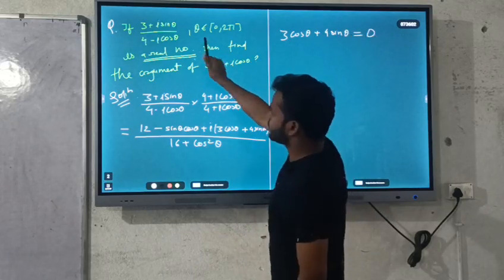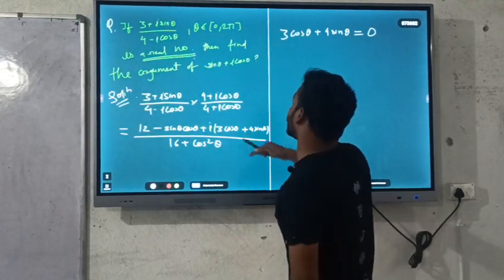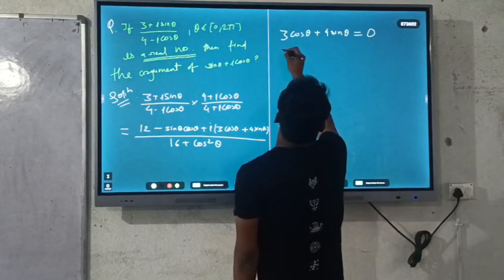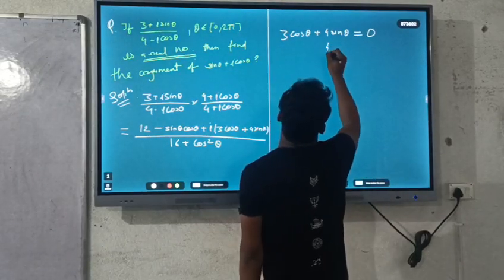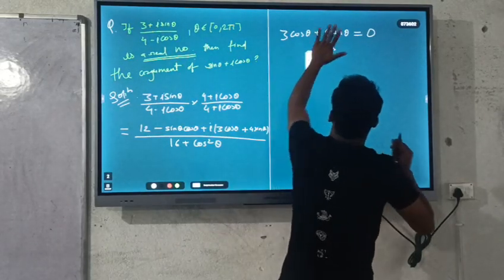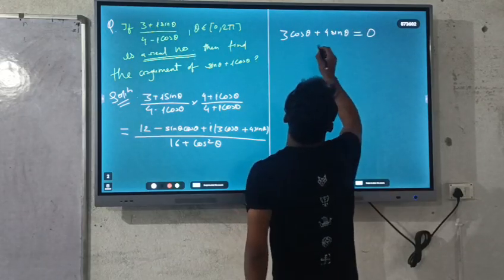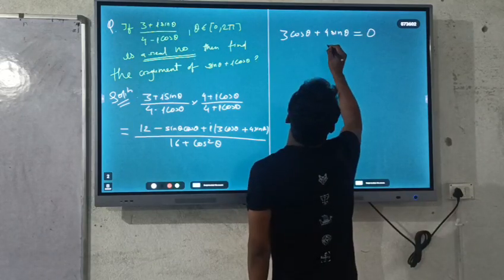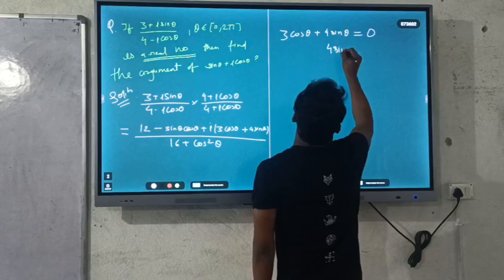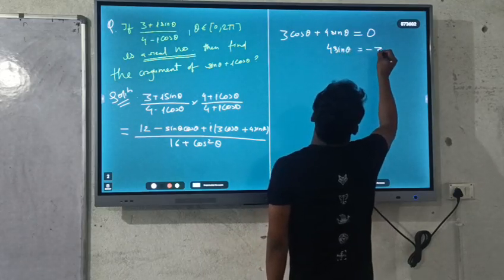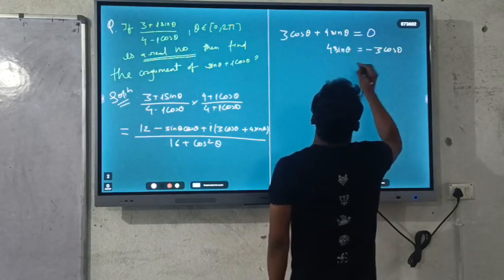Why? Because this is a real number, there is no imaginary part in that number. So just solve it. So minus 3 cos theta.